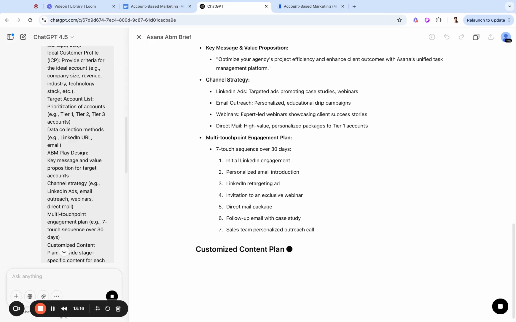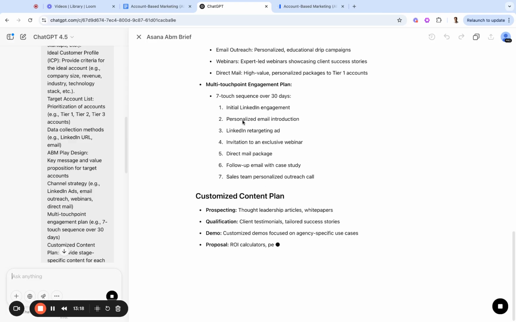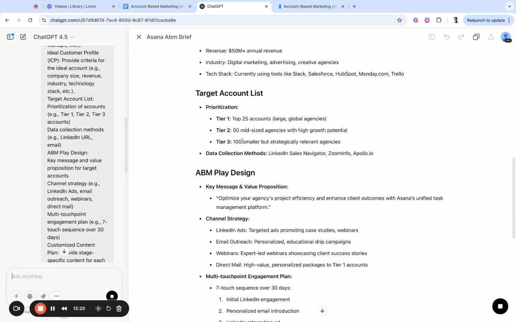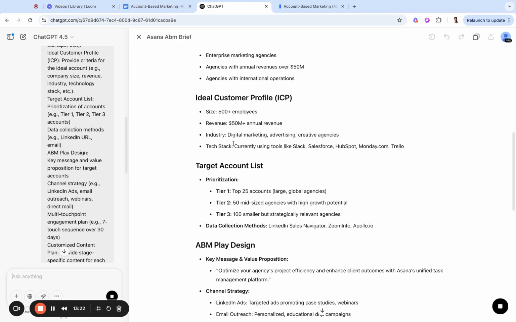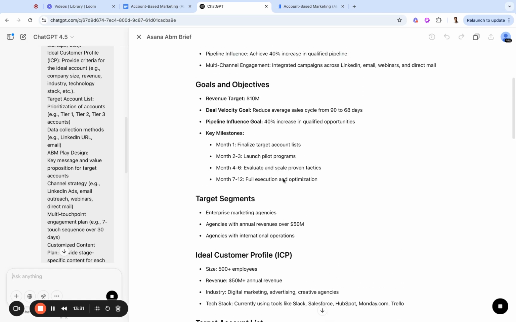So you can see it working through the different plan, going into great detail with specific information just on the basic prompt that you gave it above, with recommended tech stack or potential tech stack that you could use. So really interesting.